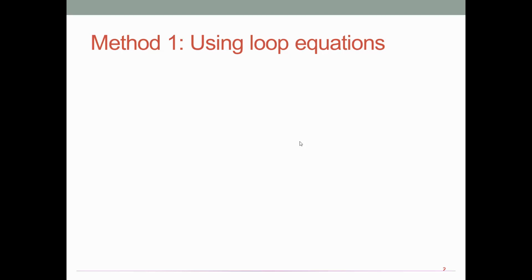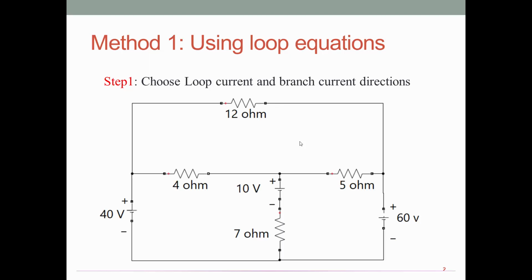For loop equation method, step number 1 is to choose loop current as well as branch current direction. The loop current may be chosen any direction, either clockwise or anti-clockwise. There is no restriction or thumb rule for this. It is your wish. Say for example, I am going for always clockwise.